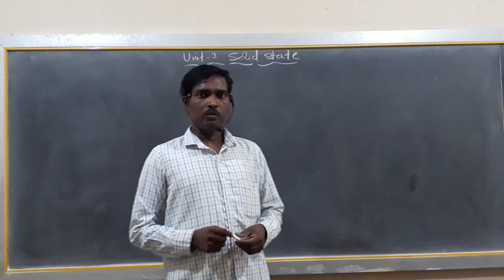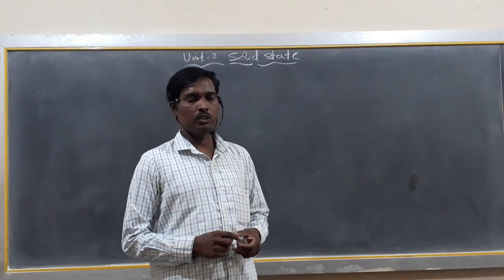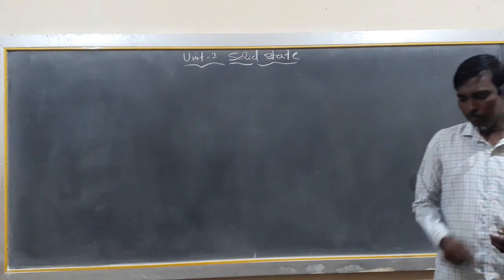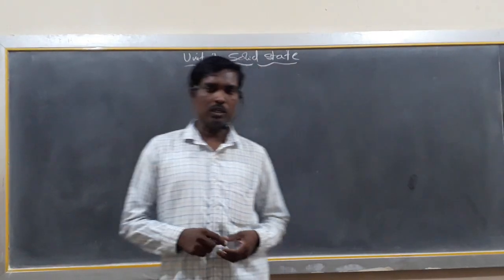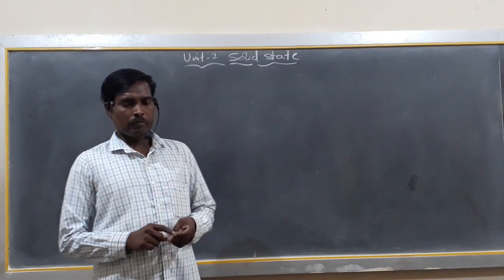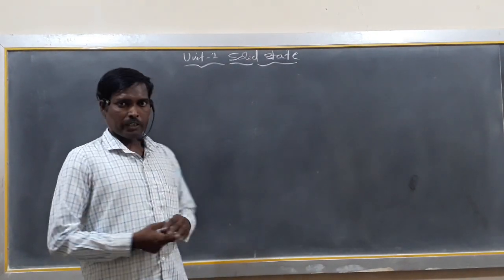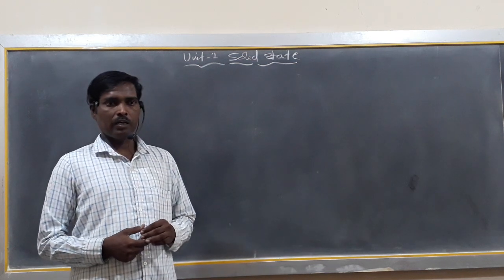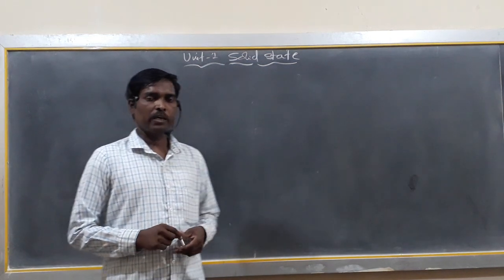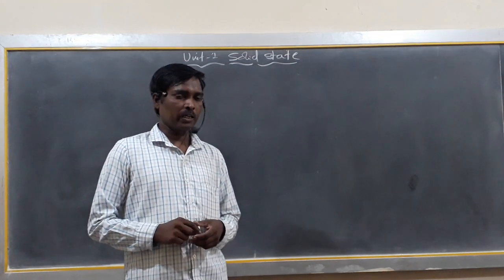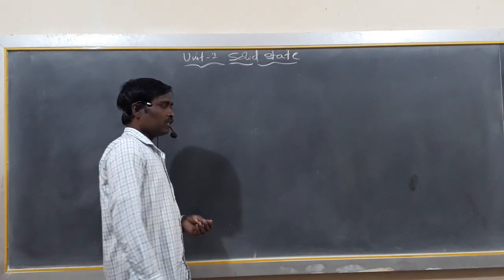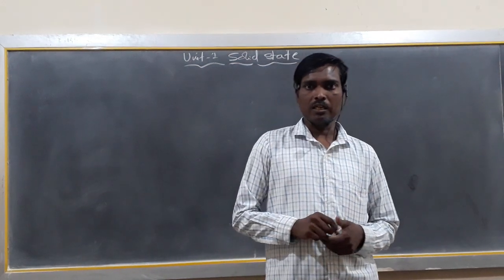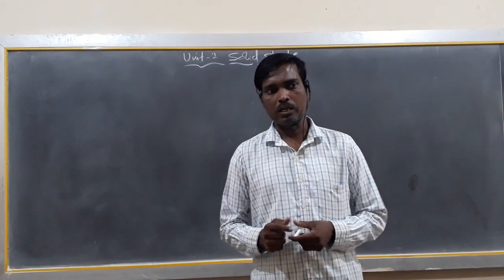In two-dimensional we studied square close packing and hexagonal close packing, and in three-dimensional arrangement we studied the simple cubic structure, hexagonal close packing structure and cubic close packing structure. In that, there are two types of voids we discussed.